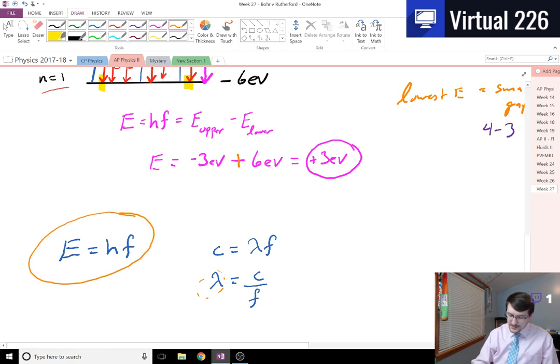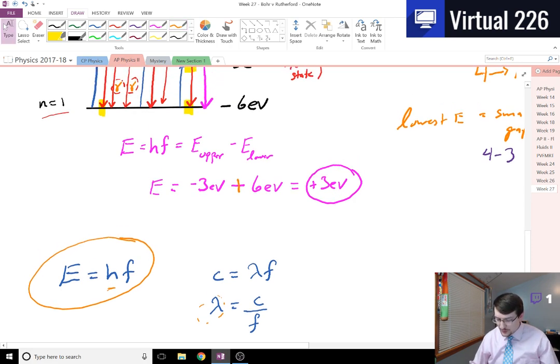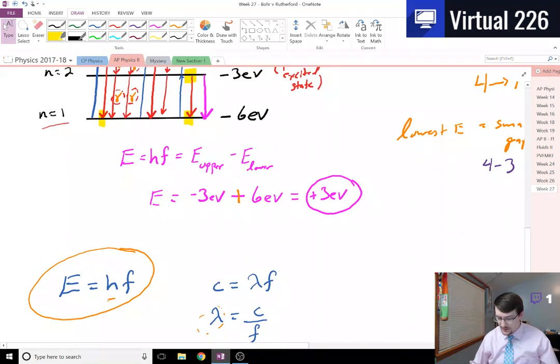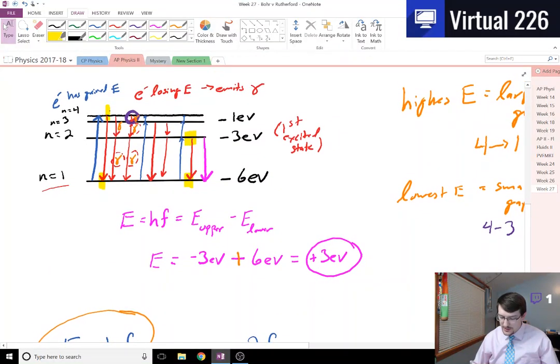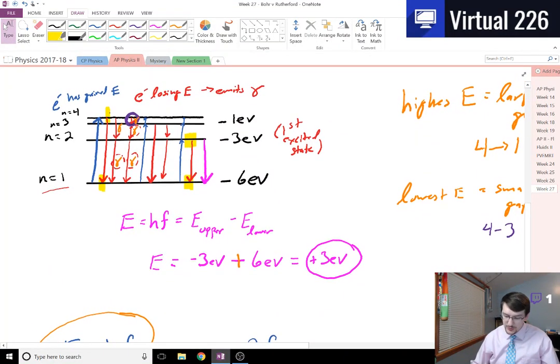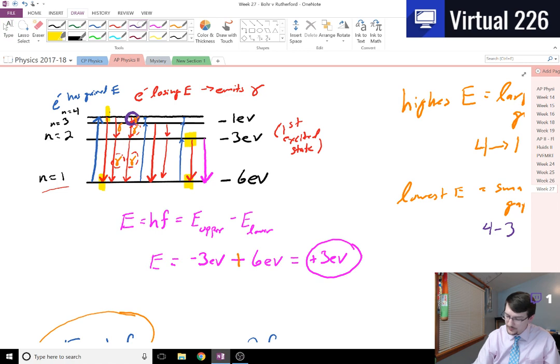Well, when we look at this, a small frequency is given by a small energy, because h is just Planck's constant. It's not changing. So to get a small frequency or a large wavelength, we need a low energy. And the lowest energy that's going to exist for us is, like we said before, 4 to 3.